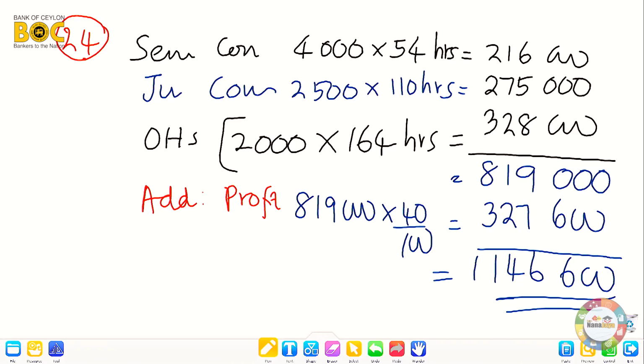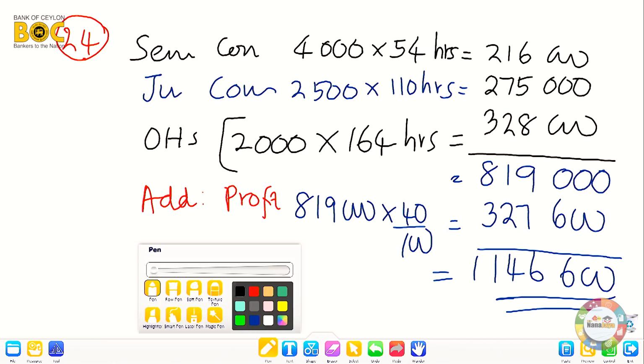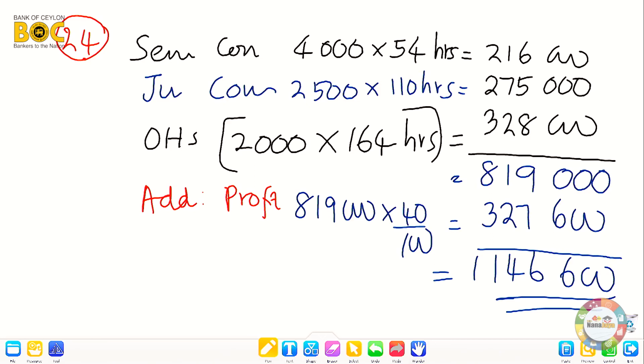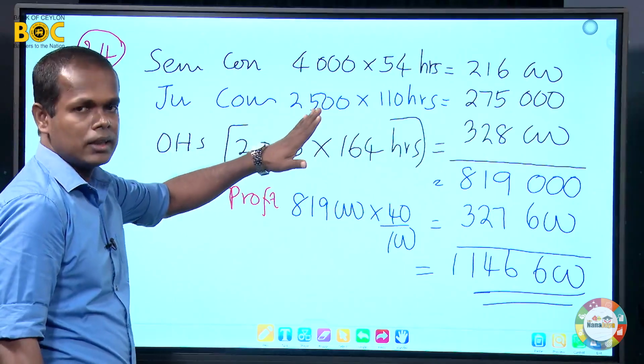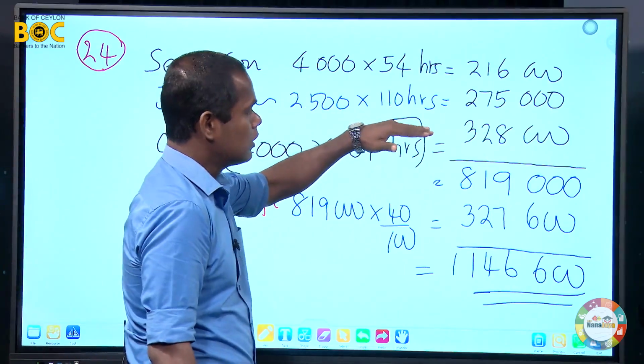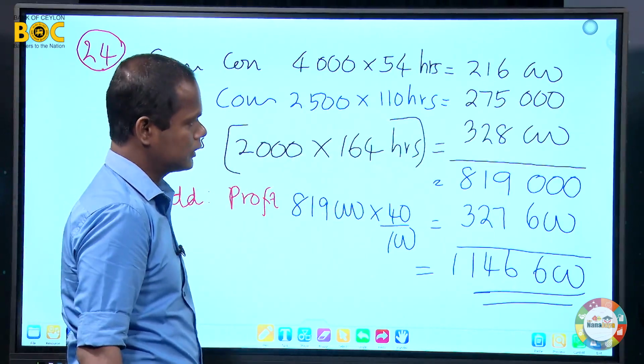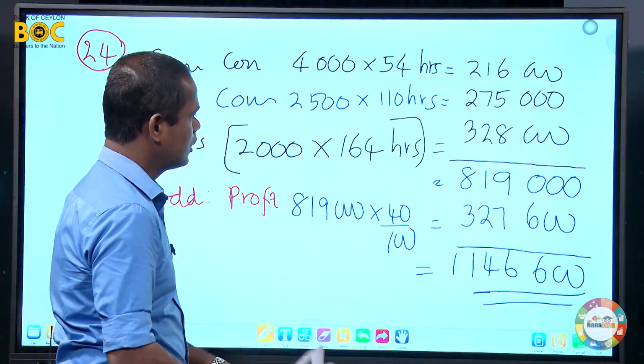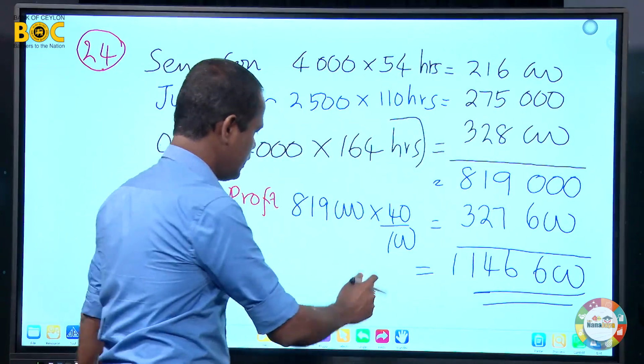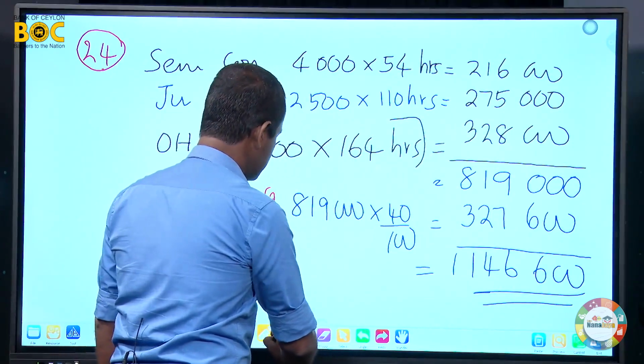Junior consultant, 2,500 into 110 hours. But the overhead absorption rate for all hours is 2,000. Senior consultant 54 hours, junior consultant 110 hours, altogether 164 hours at 2,000. You get the total cost. This 819,000 is the total cost.